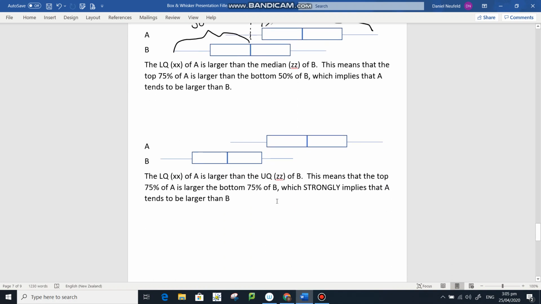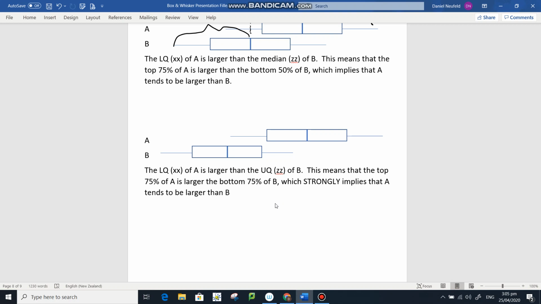In the last case, when an LQ is larger than another group's UQ, so the boxes don't even overlap anywhere, that means that this top 75%, over here, is larger than this 75%. Now that's a big difference, really significant.